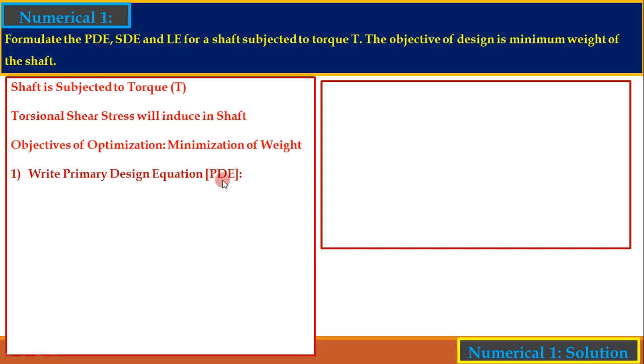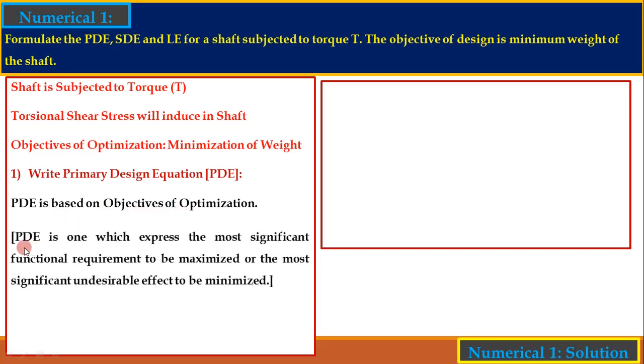Now, as per definition, the PDE is based on the objectives of optimization. This definition is just for reference; you don't need to write it in the numerical. PDE is the one which expresses the most significant functional requirement to be maximized or the most significant undesirable effect to be minimized.